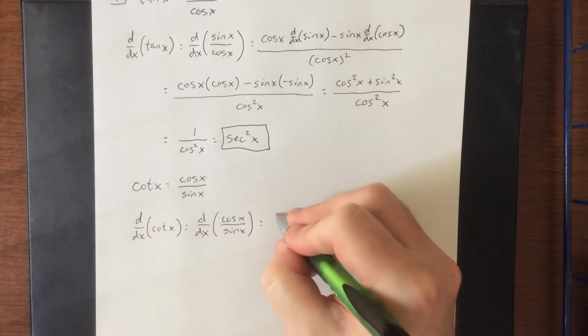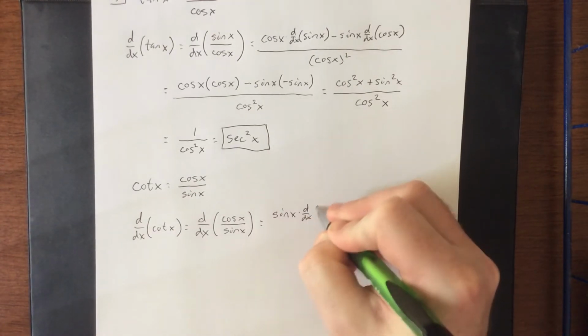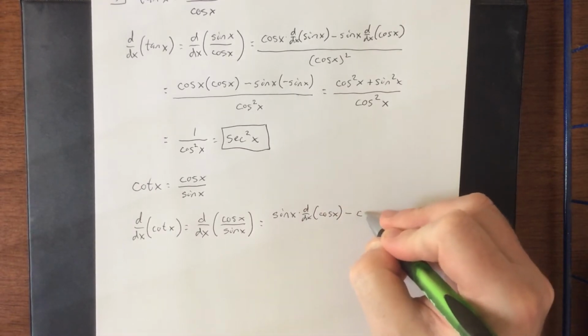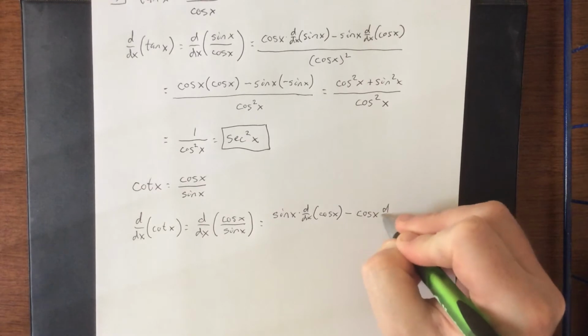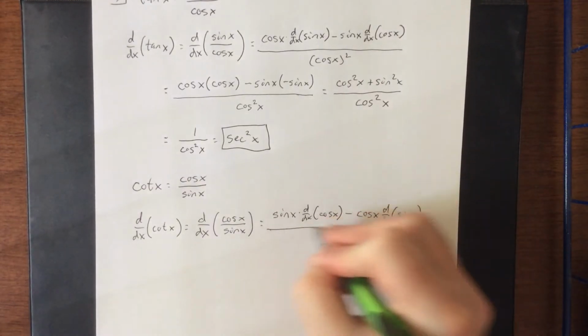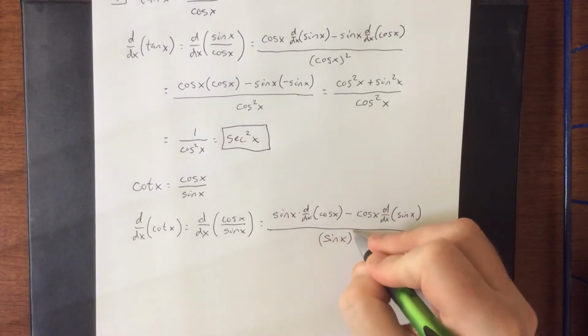So once again, this will be low d high less high d low over the square of what's below.